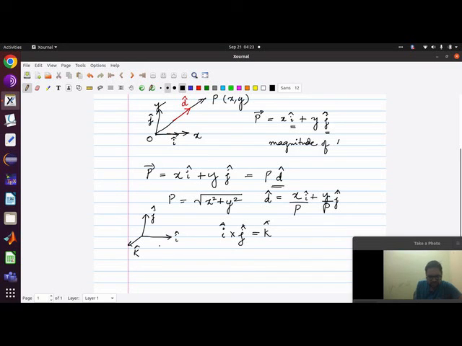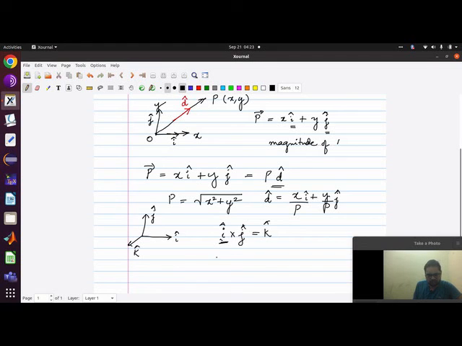and so we have to use the right hand rule. So open your palm, and in the cross product, your first vector is your i cap. So if you put your fingers along i cap and then move them towards j cap, close your fist towards j cap, and then the direction in which your thumb is pointing will be the cross product of i cross j.